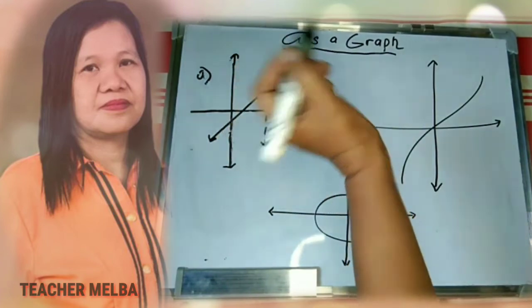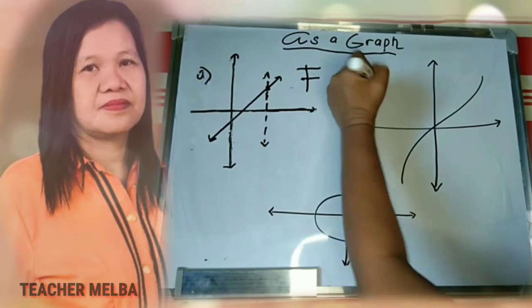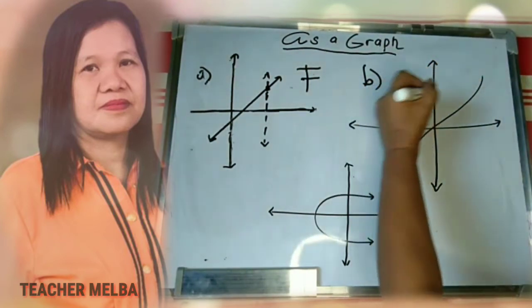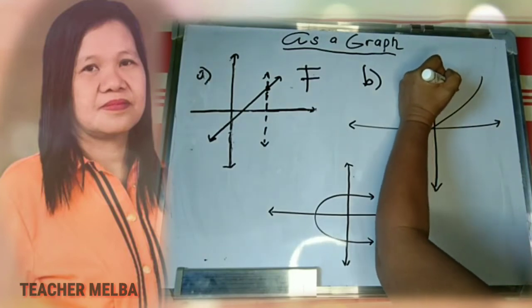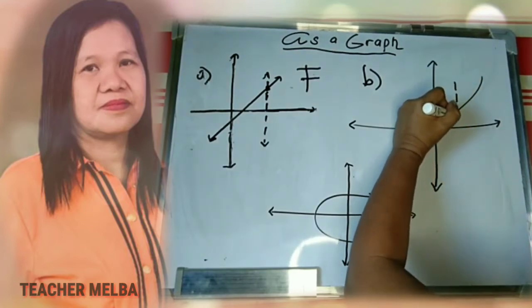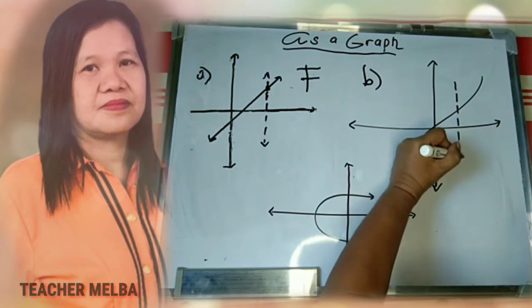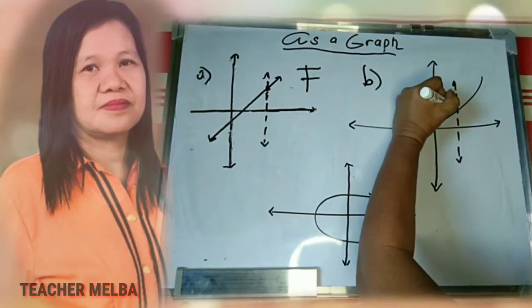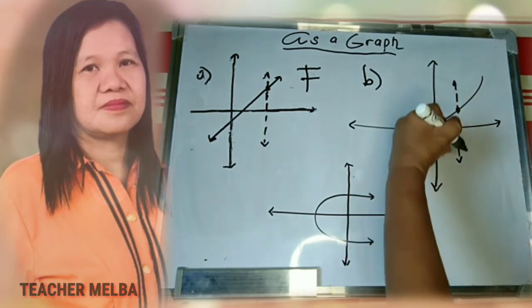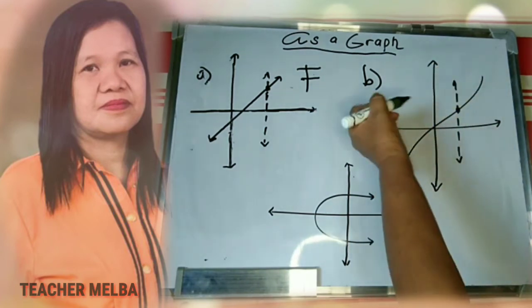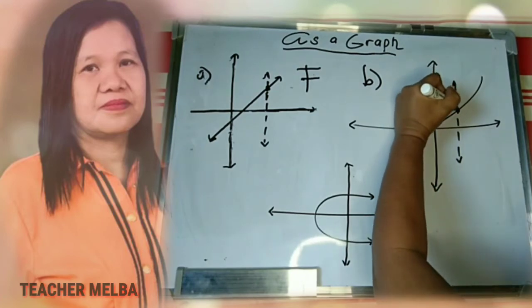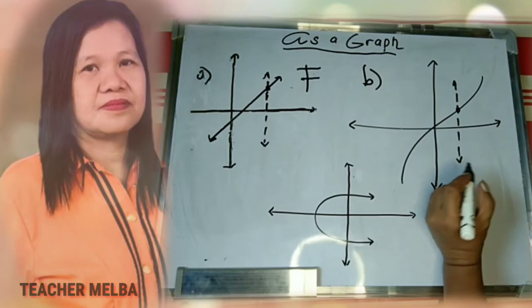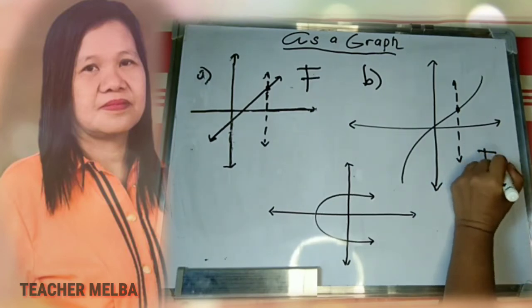For graph B, let us use again the vertical line test. We can see that the vertical line intersects the graph at exactly 1 point. So therefore, graph B is a function.